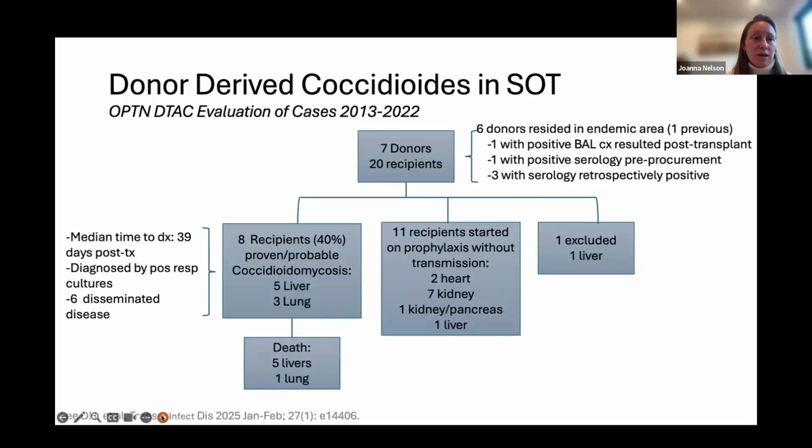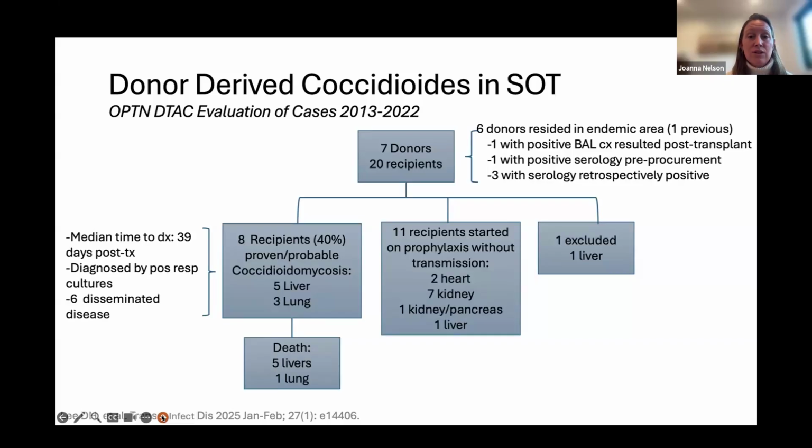So I just wanted to pause and talk briefly about donor-derived Coccidioides. This is from a recently published report, also from the DTAC, looking at 10 years of data in the US for potential cocci donor-derived transmissible events. Ultimately, they found 7 cocci-positive donors, which transmitted organs to 20 recipients.